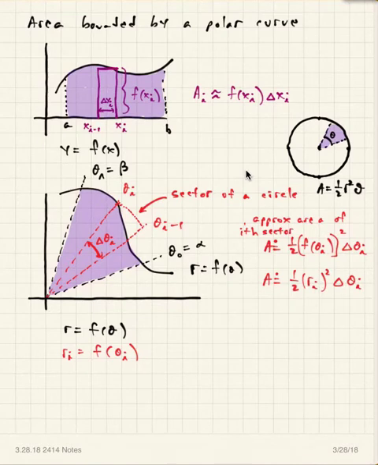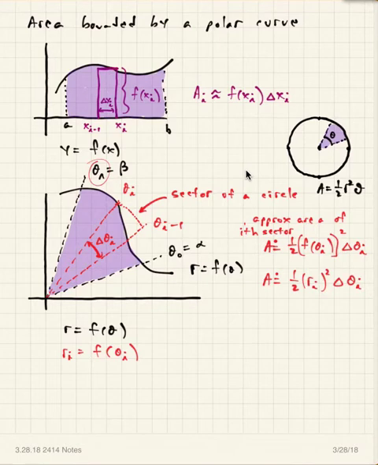So what do we do? Exactly the same thing we did back in Cal 1. We take all those little sectors and add them up, finding the areas of all those little sectors and adding them together. Then we let the number of sectors become arbitrarily large by taking the limit as n goes to infinity.